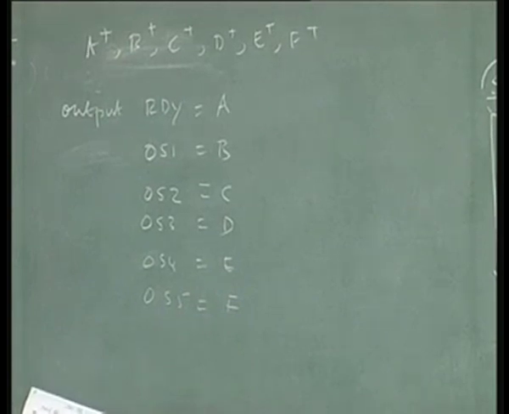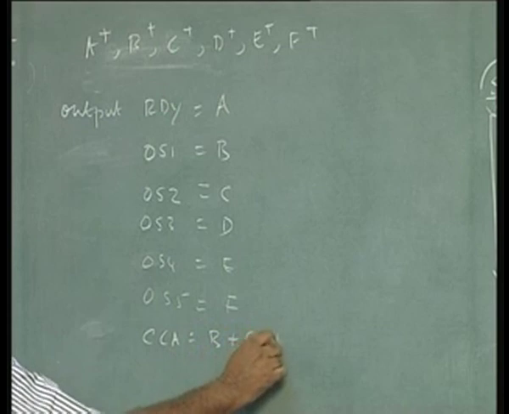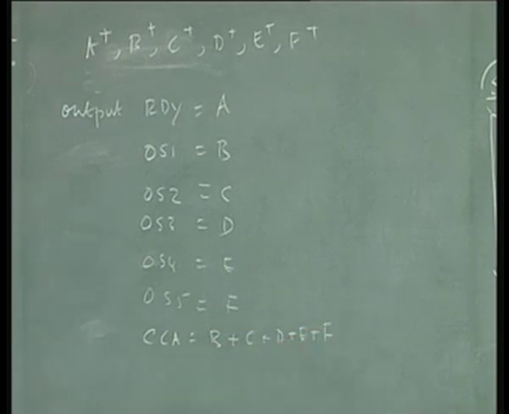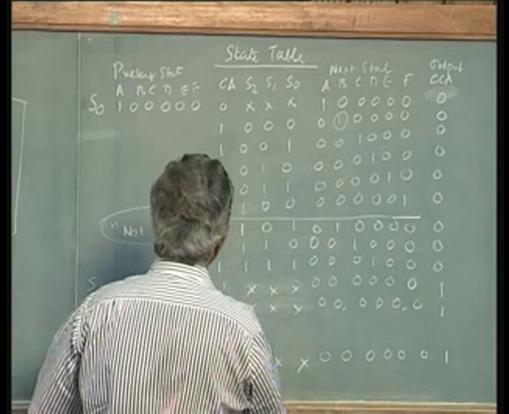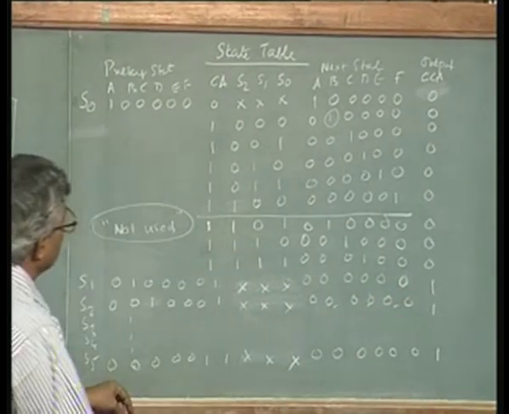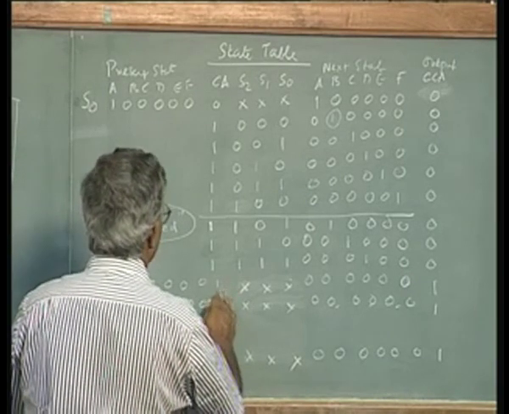and clear, CCA, will be any of these: B or C or D or E or F. That is what it is, because the CCA signal will be B or C or D or E or F. This one is 1, no?